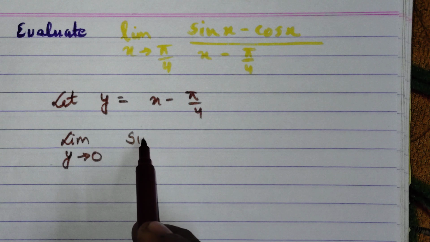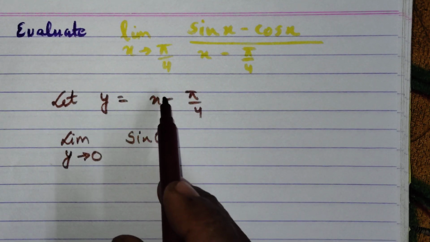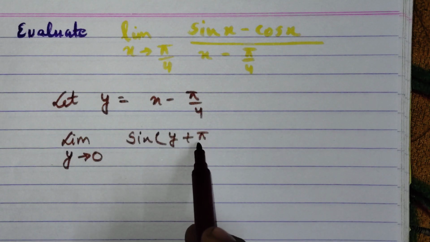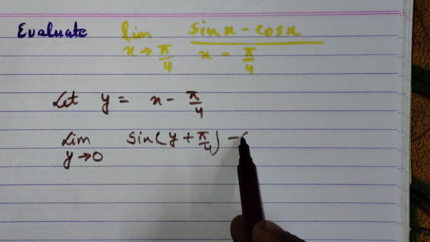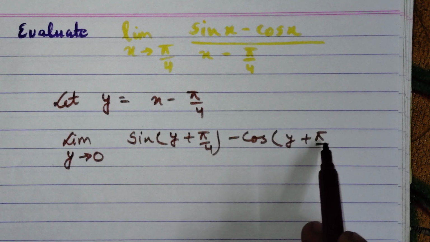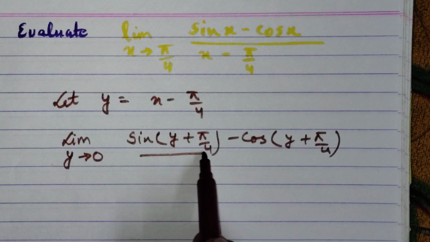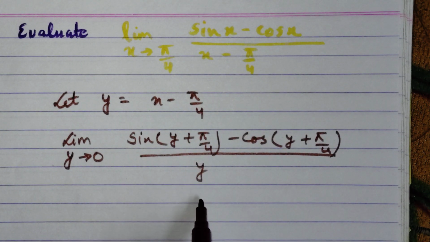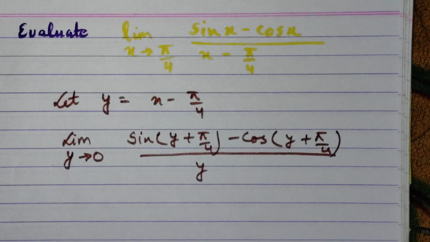Sin x value is sin of y plus pi by 4, similarly minus cos of y plus pi by 4, over x minus pi by 4, which is y. After changing the limit, now we solve.